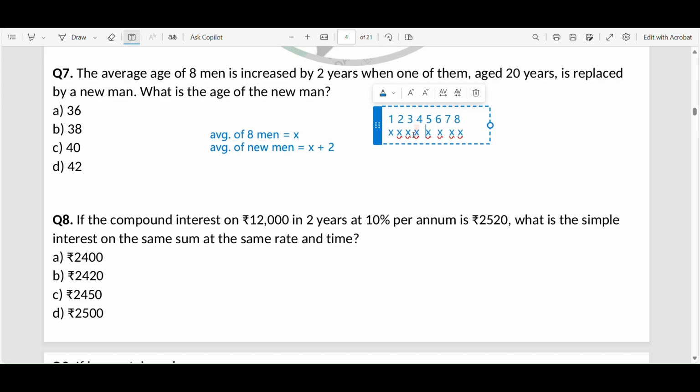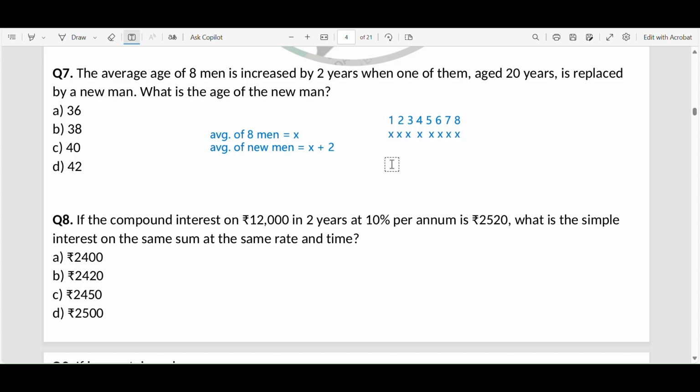Yes. So now, as you can see here, the average of the new group is x plus 2, means for every person plus 2 was added. So when you calculate everything, that will be 8 into 2, means 16 was added, right?